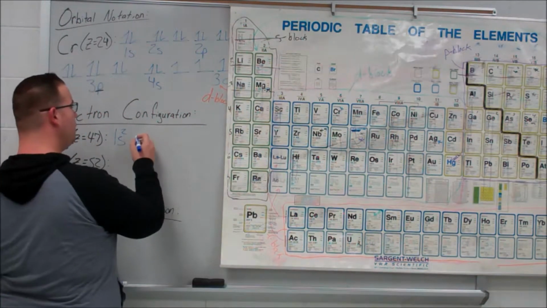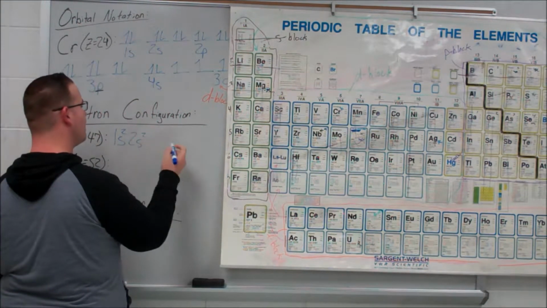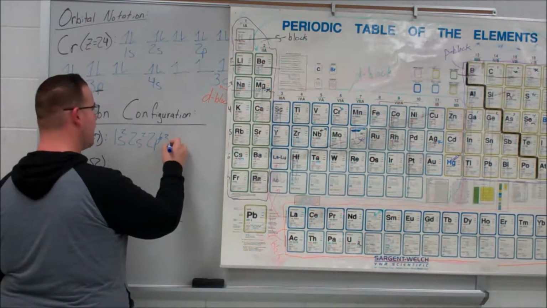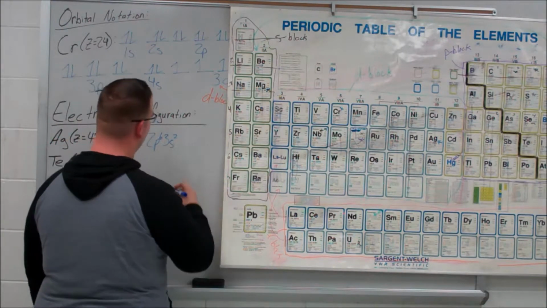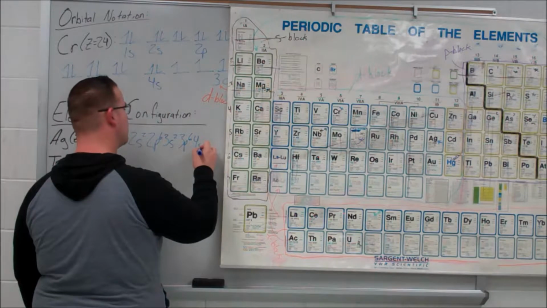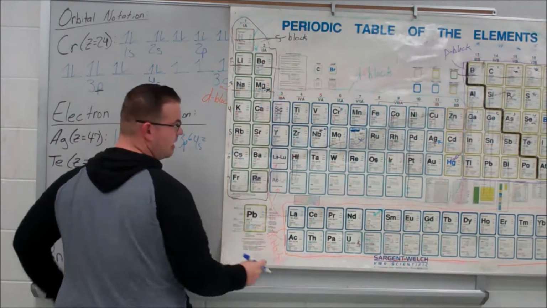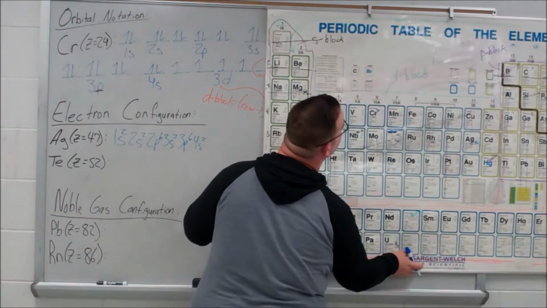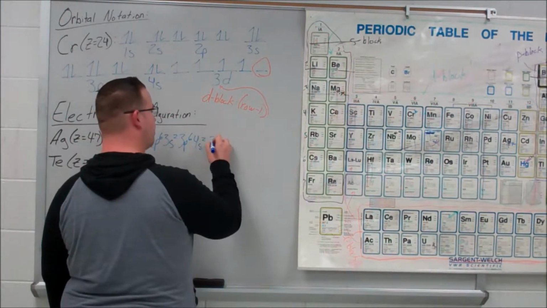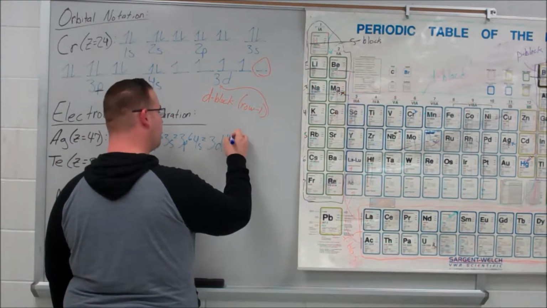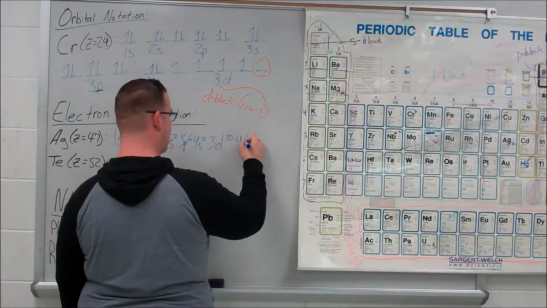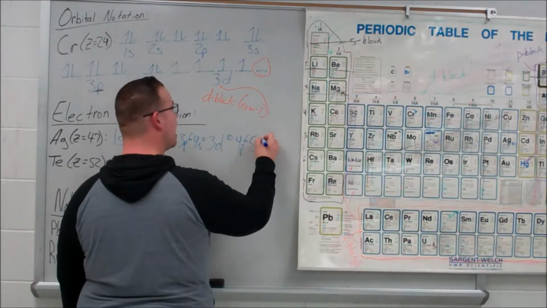So 1s is full, 2s is full, 2p is full, 3s is full, 3p is full, 4s is full. After the 4s, we go to 3d, it's full, 4p, and it's full, and then we go to 5s, and it's full.